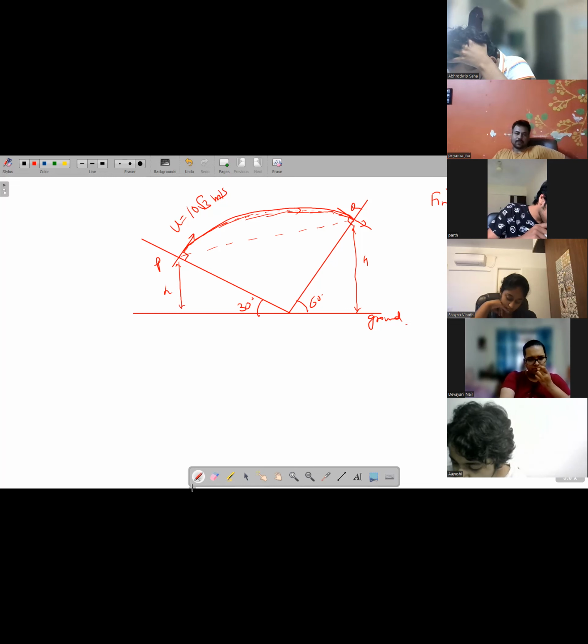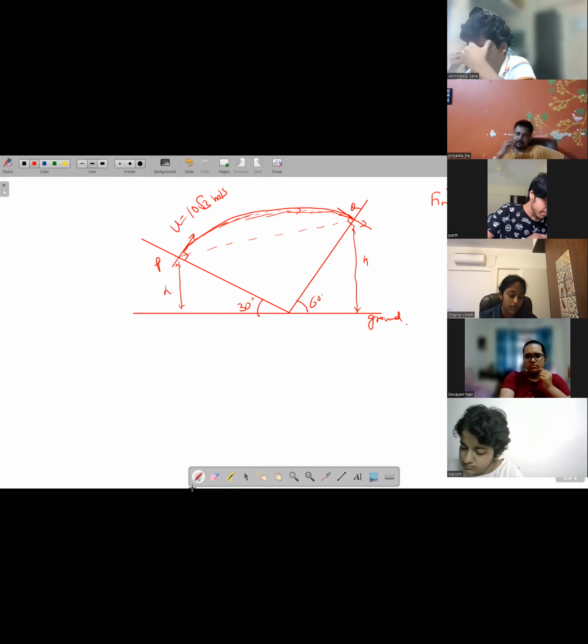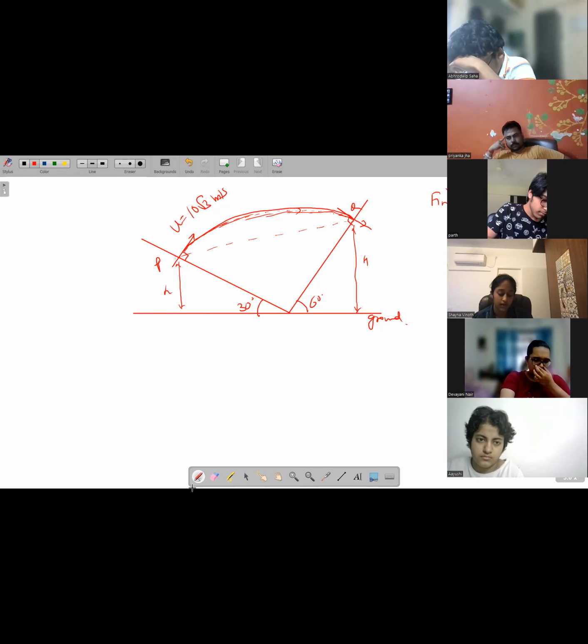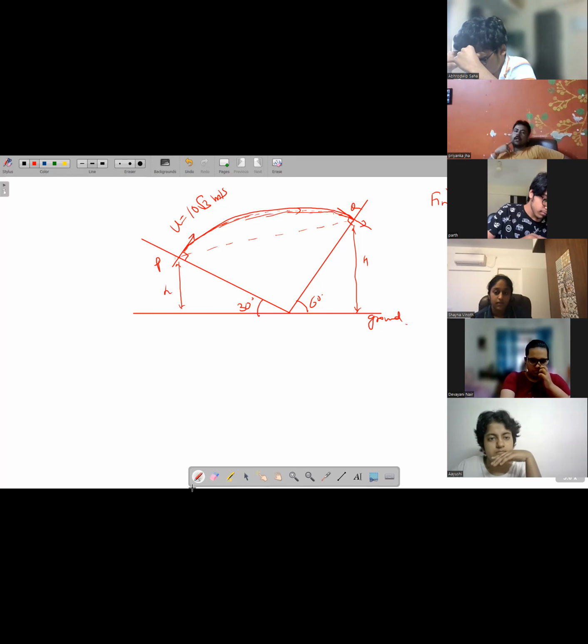Shaina, how did you approach? What do you think? I'm not completely sure, but I took theta plus alpha for each, and I took 90. So 2u sine 90 by g cos 30. I tried to use the relation we derived in the previous question.